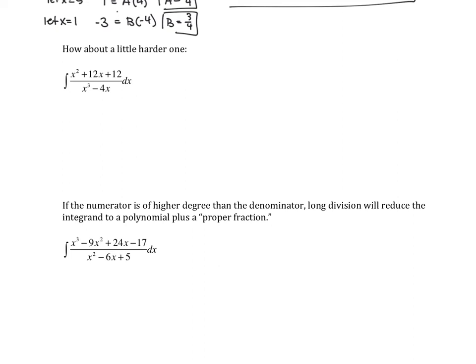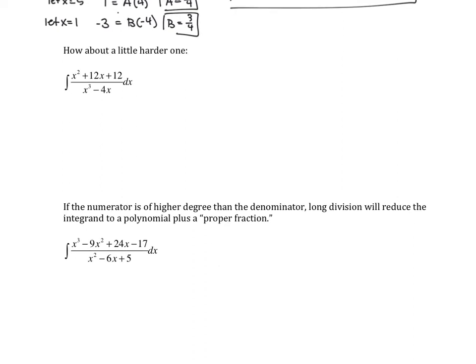So, remember the first thing that I need to do is factor my denominator. So x squared plus 12x plus 12 over x times x squared minus 4. Well, let's do that again. So we get x squared plus 12x plus 12 over x times x plus 2 times x minus 2.